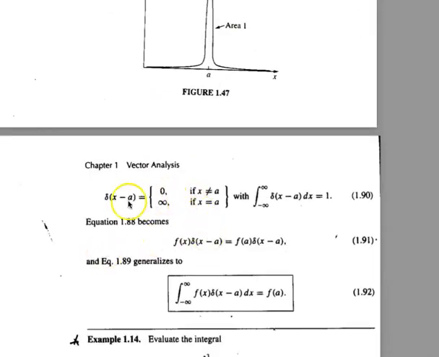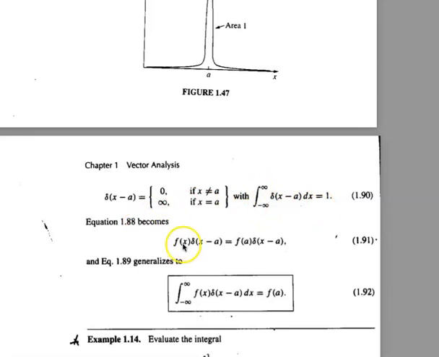So here then. As opposed to delta x only, now this is delta of x minus a. So the function is 0 everywhere except x equals a. This is the standard form. And it's equal to infinity at x equals a. And the same is true again: if you integrate this delta over all possible values of x, you get 1.